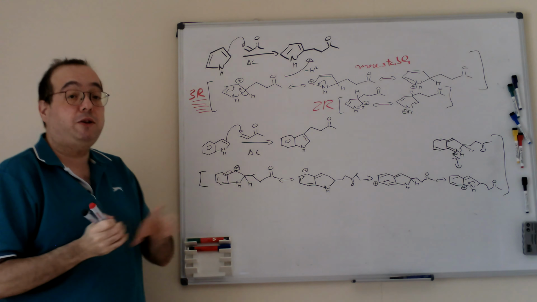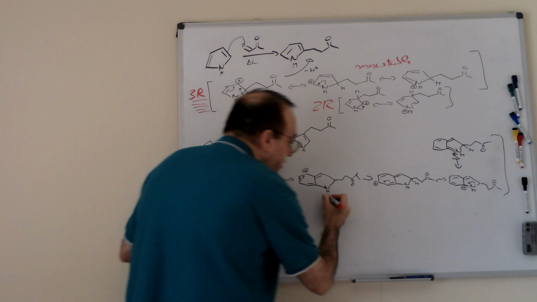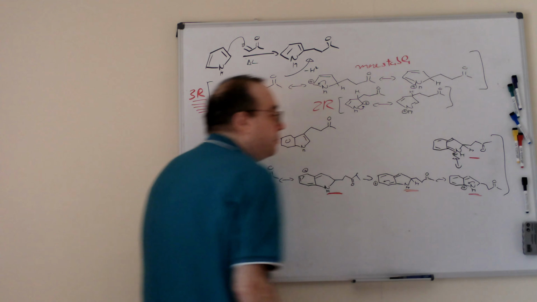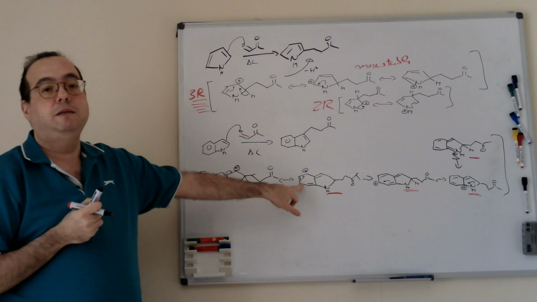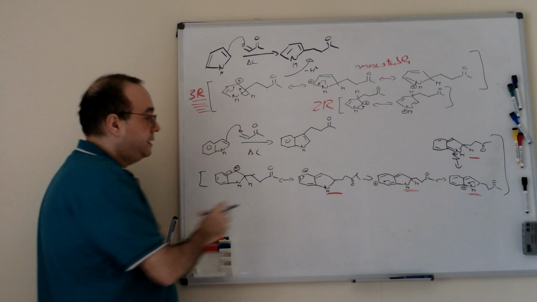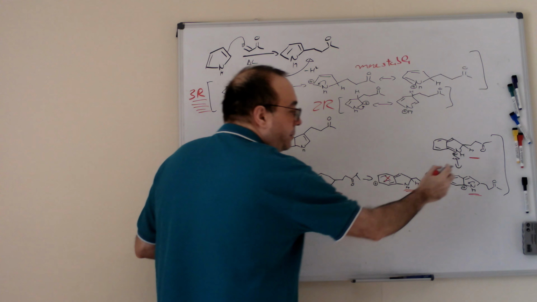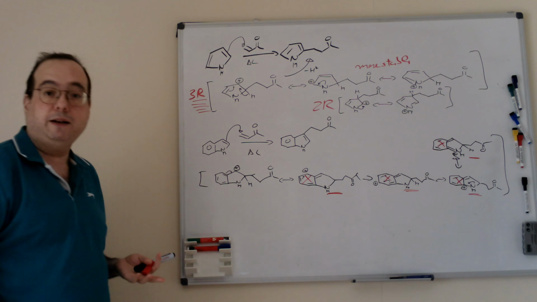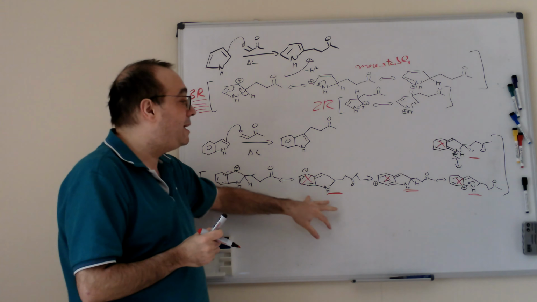However, if we pay a little bit of attention to the resonant forms, what we can see is that in this resonant form, in this resonant form, in this resonant form, and in this resonant form, we are breaking the aromaticity of the fused benzene ring. This benzene ring is not aromatic anymore, and the same for the others. What does this imply?